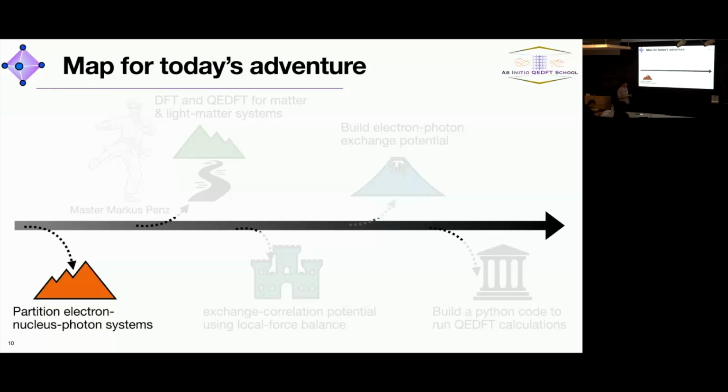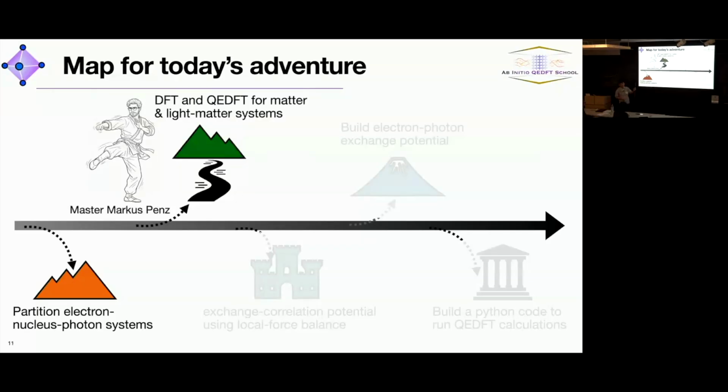The first thing is that we are going to partition the electron, nuclear, and photon system into subsystems. And once you partition into subsystems, the way we deal with a subsystem is the so-called density functional theory, or DFT, and QEDFT. Markus Sensei will guide you through the mathematical construction of how to do this mapping.